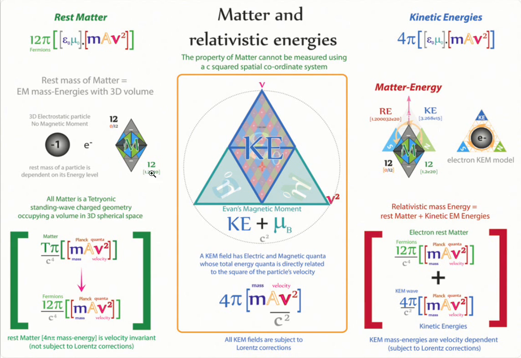We can add the standing wave mass energy matter geometries together with the mass energy momenta within the chem field, which is Lorentz variant according to its velocity, and that will give us a model of the mass energy density, or the energy density within Einstein's relativistic stress energy tensor, tau, or I think it's tau, TAB, tau AB.